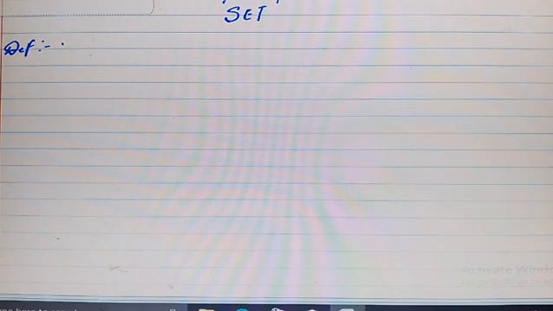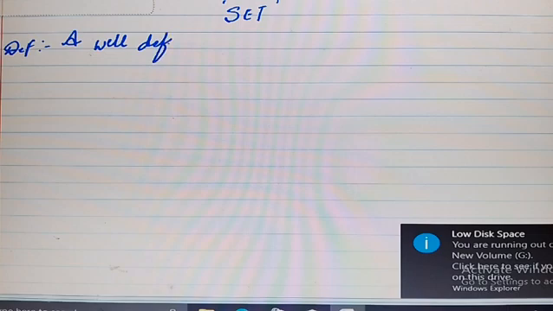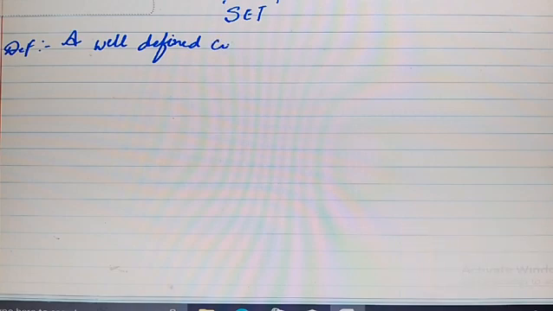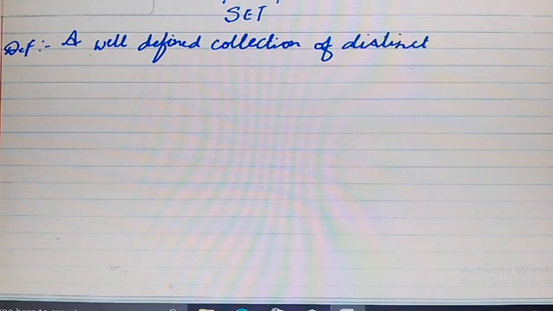A well defined collection of distinct objects is called a set.